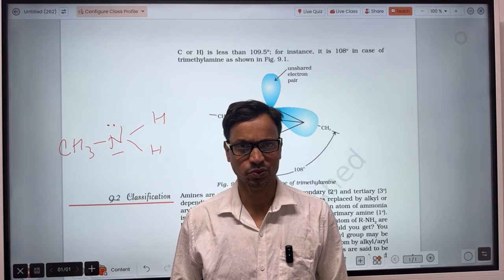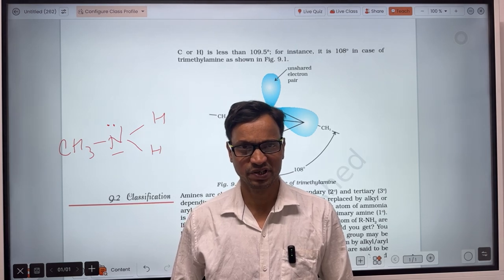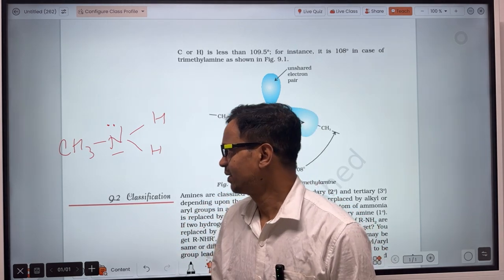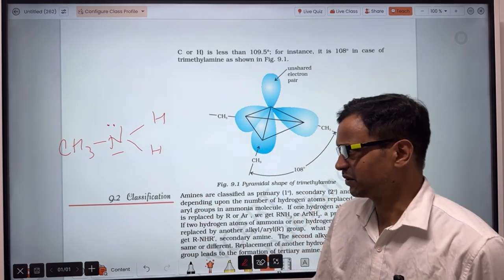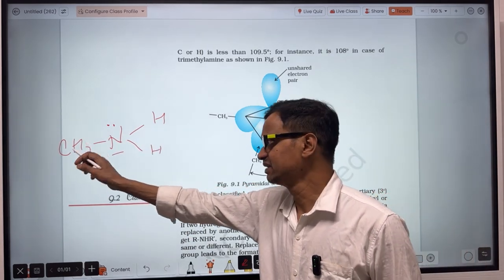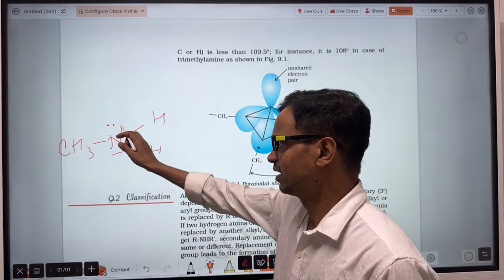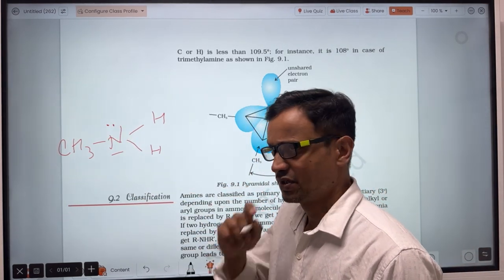A hybrid orbital either does sigma bond formation or contains the lone pair of electrons. This nitrogen is forming 3 sigma bonds, 2 with hydrogen and 1 with carbon.